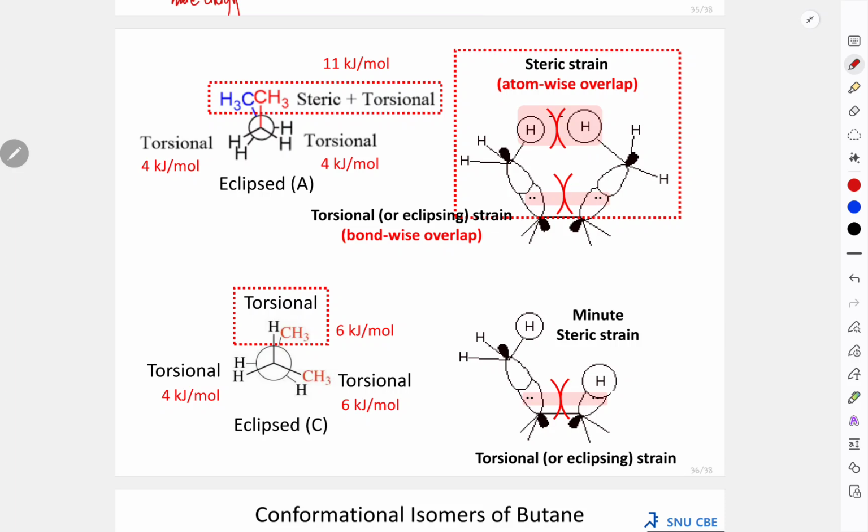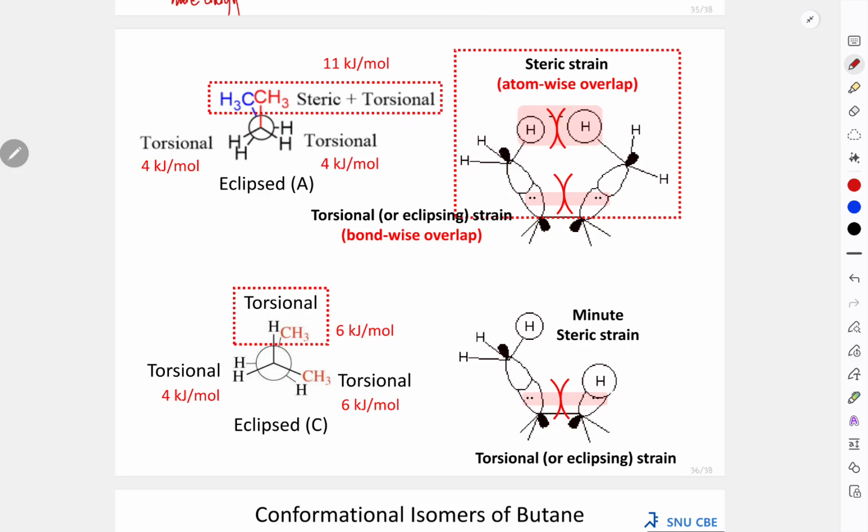And here you have CH and CC bond torsional strain, which is around 6 kilojoule per mole, here and there. So this sums up to 4 plus 6 plus 6, which is 16 kilojoule per mole. That's how we can be more quantitative when comparing A versus C.